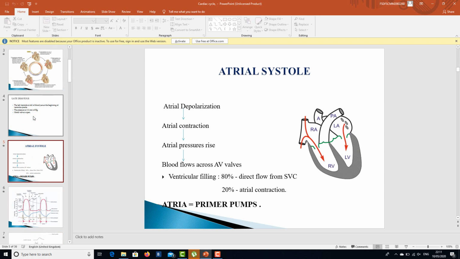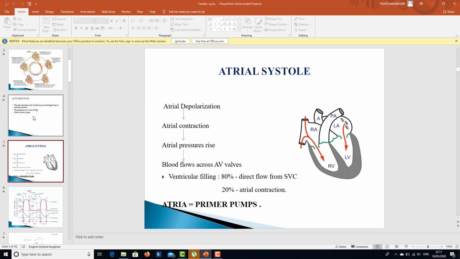Now we have atrial systole. What happens is that there is atrial depolarization, ultimately leading to the contraction of the atria, and the contraction leads to a rise in the atrial pressure, and the blood flows across the atrioventricular valves.